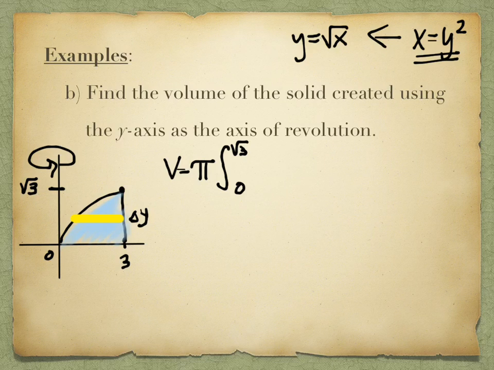And my outer radius is actually this whole piece right here, that entire piece. Which actually isn't what we had just said. It's not y squared. What is the distance from there all the way out to the edge of my blue graph? It's actually 3, isn't it? So my outer radius is actually 3, which we are then going to square.